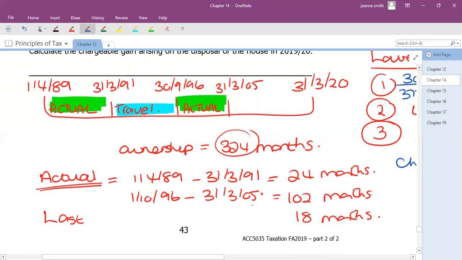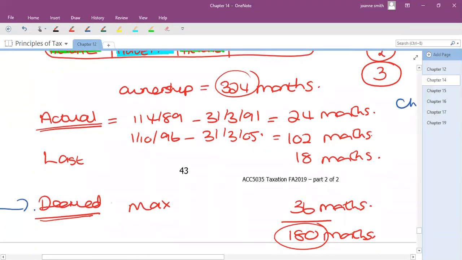Add up the months, and then I'm going to get the last 18 months if you weren't living there. Obviously, if you were living there, you're not going to get it in addition, you're not going to get it twice. Then, do I have any deemed occupation? So when I wasn't there, can I claim it as travelling for any reason for up to 36 months or working in the UK or abroad? So here we just got the 36 months when he travelled.